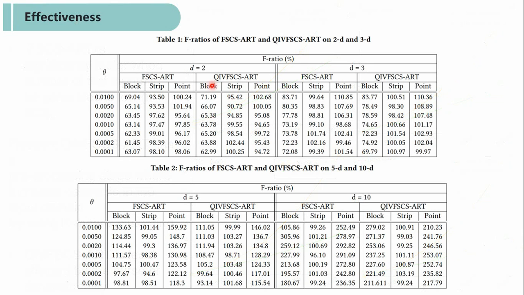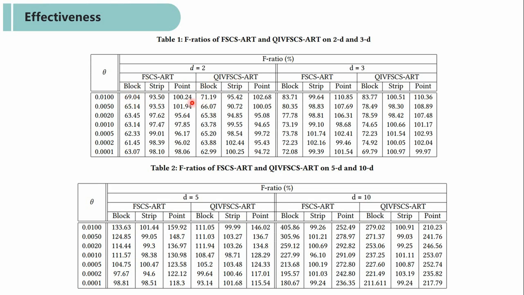In terms of effectiveness, we used F-ratios, the number of test cases needed to find the first failure compared with random testing. For example, 69 means random testing takes 100 test cases, but FSCS-ART takes 69 test cases. At the same time, QIVFSCS-ART took 71 test cases.